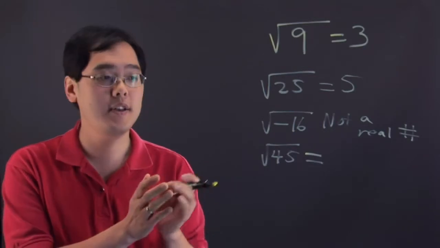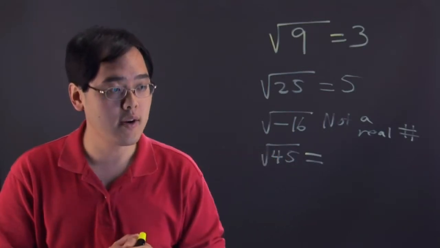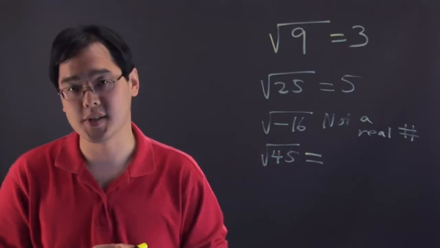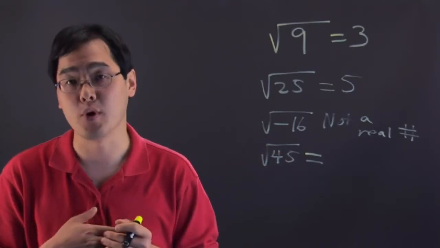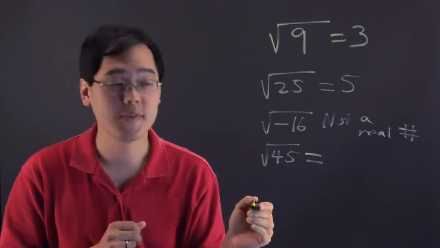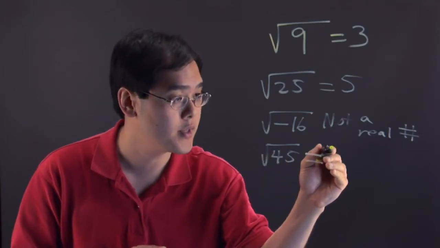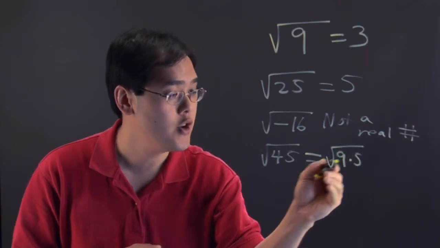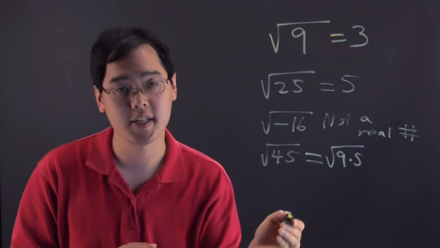Now, when you have a number that's not a perfect square, you want to think about, okay, what two numbers will multiply to give you the number on the inside, one of which will be a perfect square. So, since 9 times 5 is equal to 45, what you can think about is square root of 9 times 5. Notice I rewrote the 45 as 9 times 5.